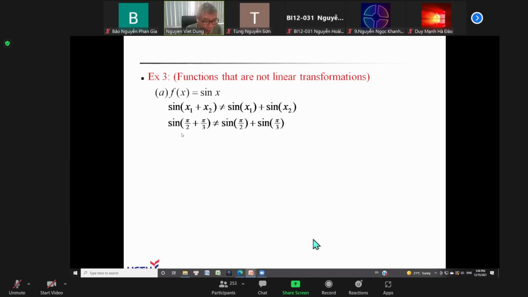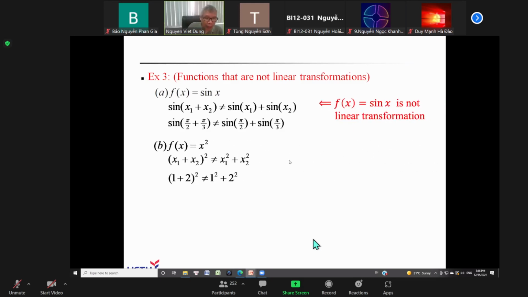You can verify with x1 equal pi over 2 and x2 equal pi over 3, or otherwise you can use a calculator to verify that the left-hand side and the right-hand side are different from each other. So we say that in that case, f of x equals sine of x is not a linear transformation. The second one, we consider f of x equals x squared, and obviously we have the same thing.